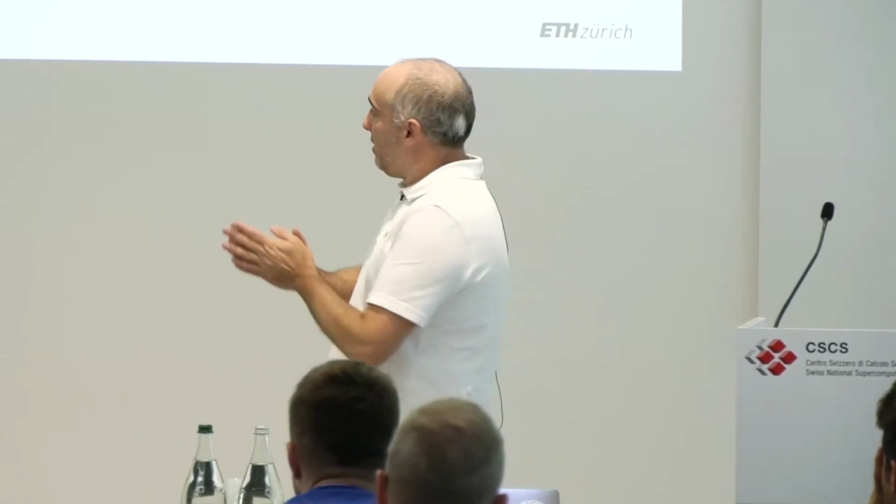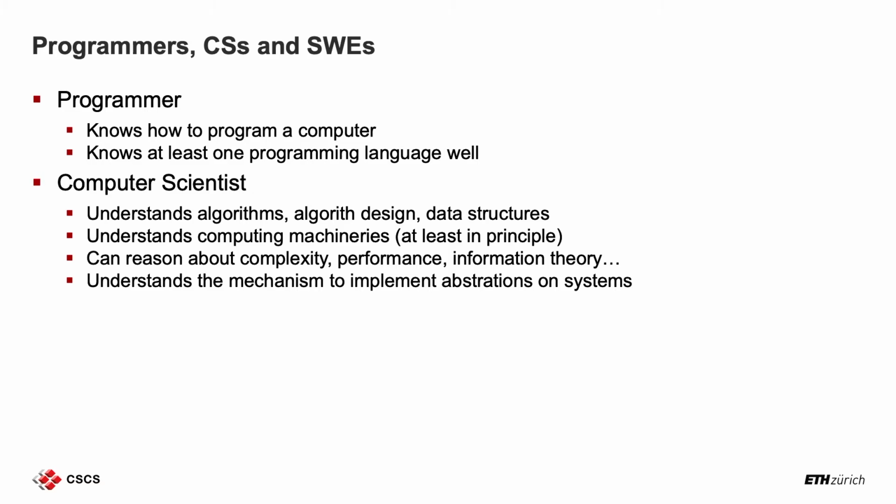On one of the other sides of the spectrum, you have the computer scientist. Who is the computer scientist? Well, he understands algorithm design, like divide and conquer, dynamic programming, all things, data structures.